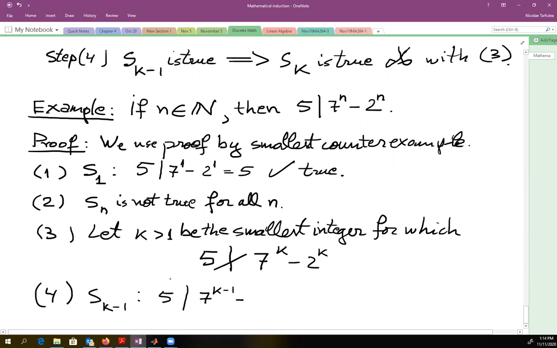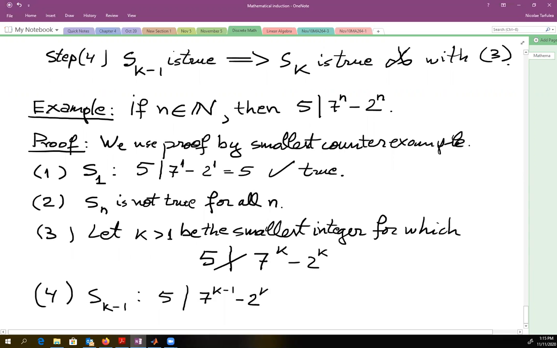Okay? Now we want to prove that this is impossible. In step 4, we get a contradiction, and the contradiction comes from our assumption in step 2. So our assumption is false, meaning that Sn is true for all n, which we want to prove, right?